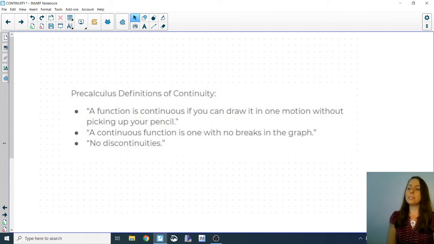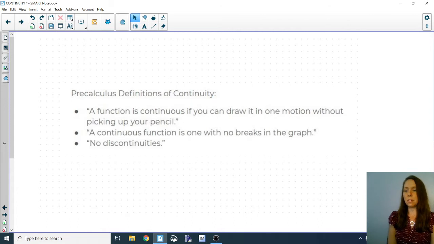Prior to studying calculus, I would assume that you have heard of continuity and related terms like continuous function and points of discontinuity. However, in my experience, the pre-calculus definitions prior to learning limits are always pretty fuzzy. Here are some that I've come across. A function is continuous if you can draw it in one motion without picking up your pencil.